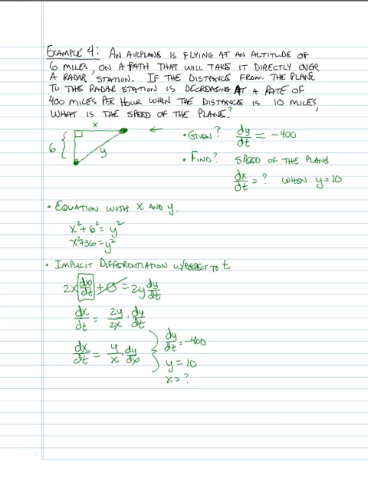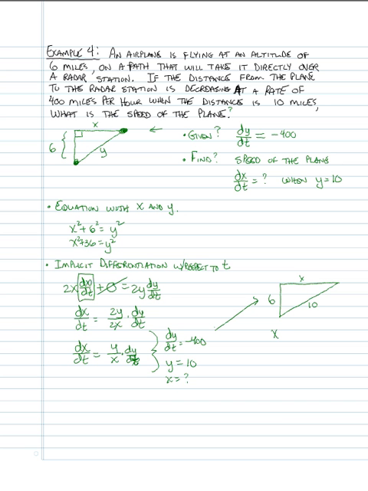We can fill in the dy/dt and we can fill in the y, but we need to know the x value. So we come back over to our diagram, and what we want to know is the value of x. This is the value of x specifically when y is 10, and that altitude is always 6.